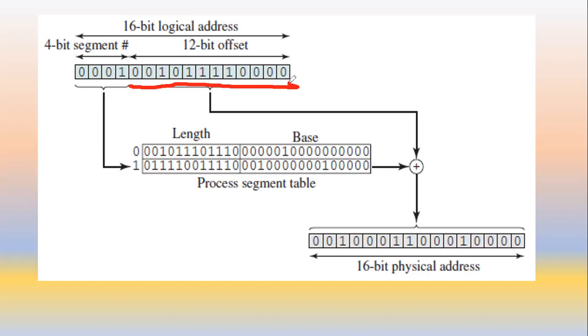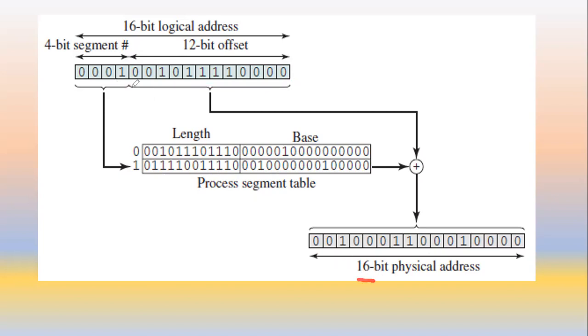But in this case, you know, that's what we were doing under paging. In this case, what we do is we pick the base that we have gotten. We add it to the offset that we had from our virtual or logical address. Once we do that addition, we are able to get the address.